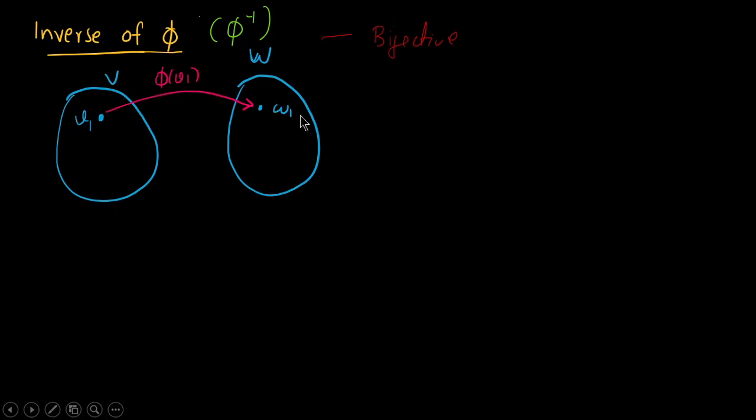That means when we map W1 from the vector space W to V, we have to get V1 itself. That reverse mapping is called the inverse of phi, and it is represented as phi inverse of W1, and we get V1 itself. When you do the inverse mapping, we will get V1 itself only when it is a bijective mapping.